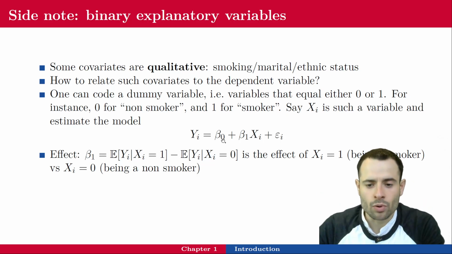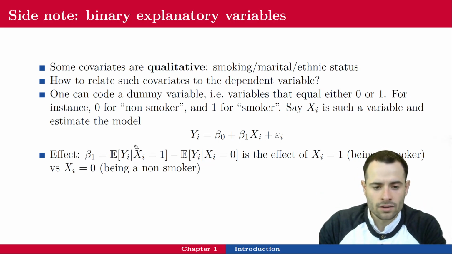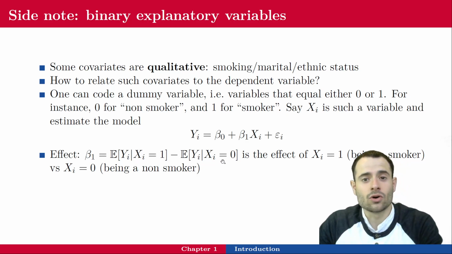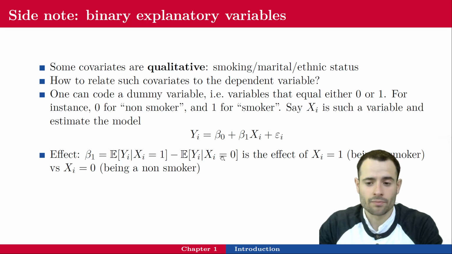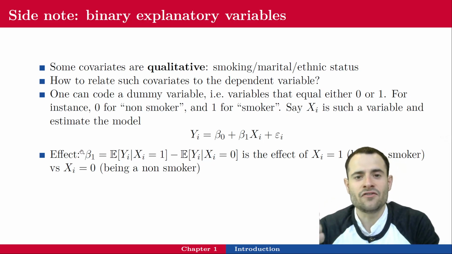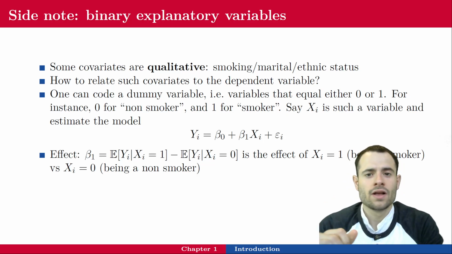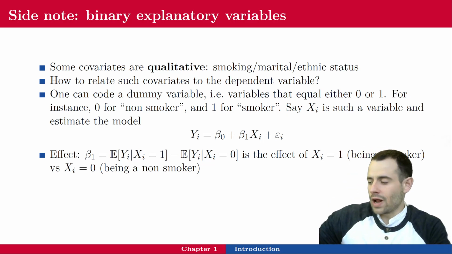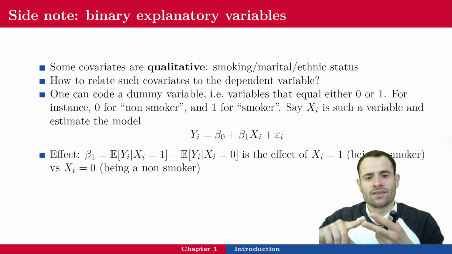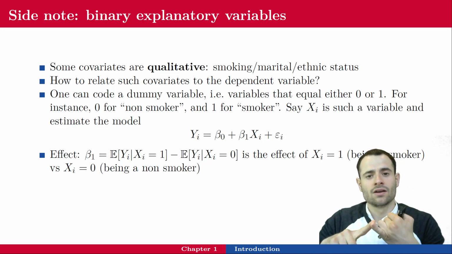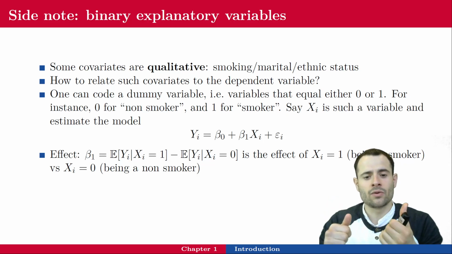And you're going to end up with beta 1 times 1, in this case here. And in this case, beta 1 times 0, because X is equal to 0. So at the end of the day, when you take the difference between the two, you get beta 1. So beta 1 is the effect of being a smoker versus a non-smoker, fixing everything else. You could have the same age, same height, same weight, same income, same number of kids, but one of them is a smoker, the other isn't.